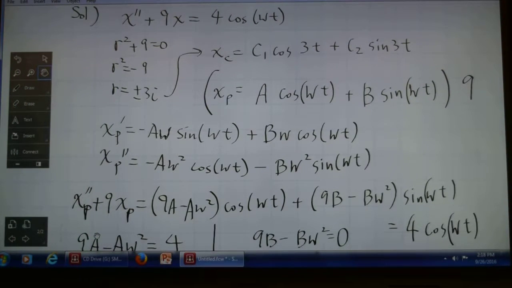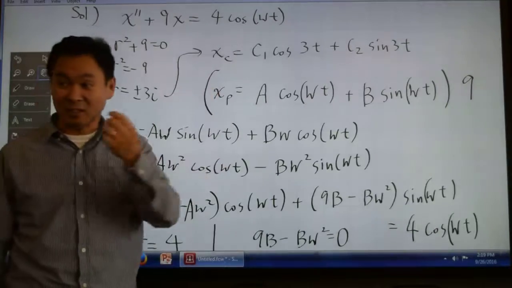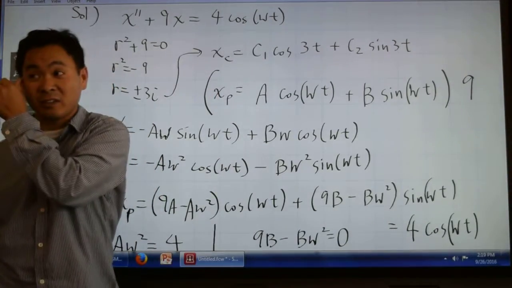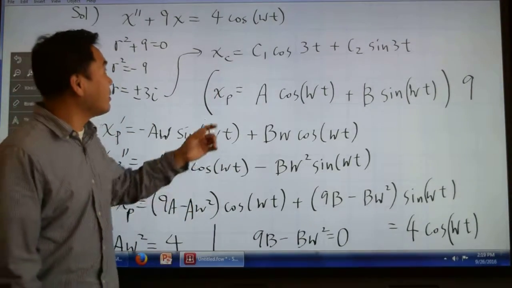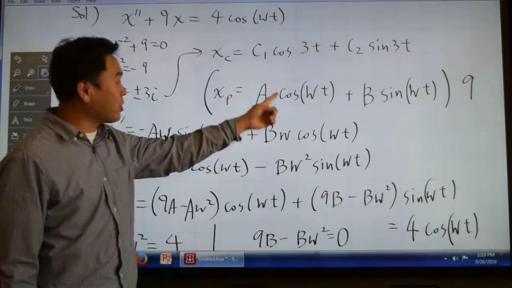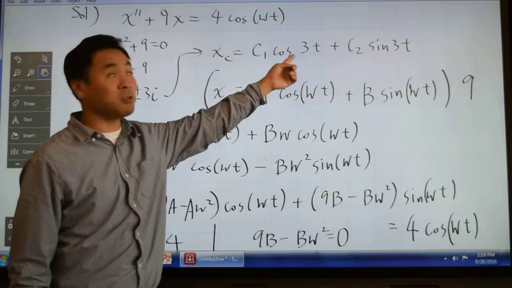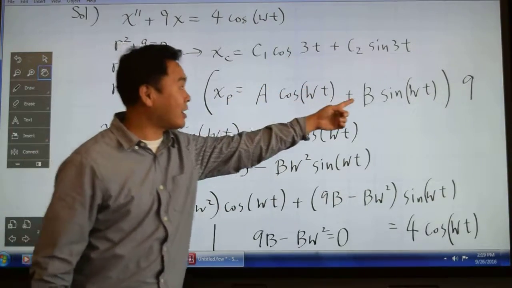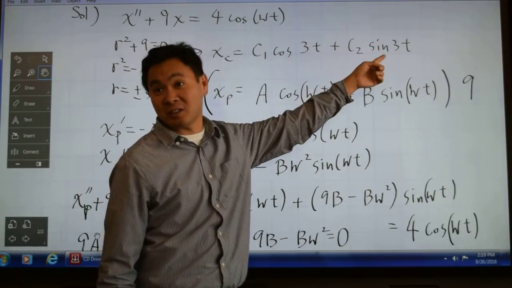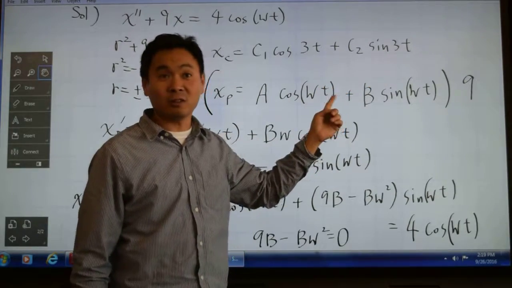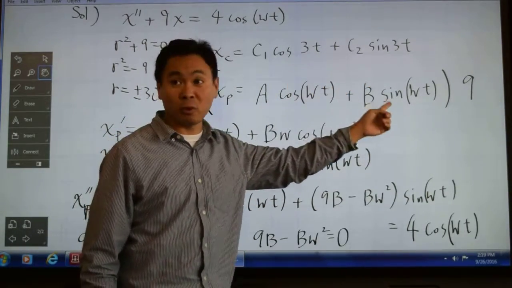What? In this case, it's a function of t, so we have to multiply by t. So if w is 3, what goes wrong? Then our particular will have cosine 3t, which is duplicated in here, and sine 3t, which is also duplicated here. So what must be done? We have to multiply by t to both of them.